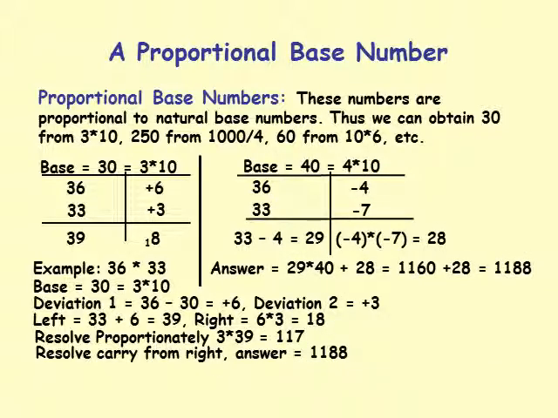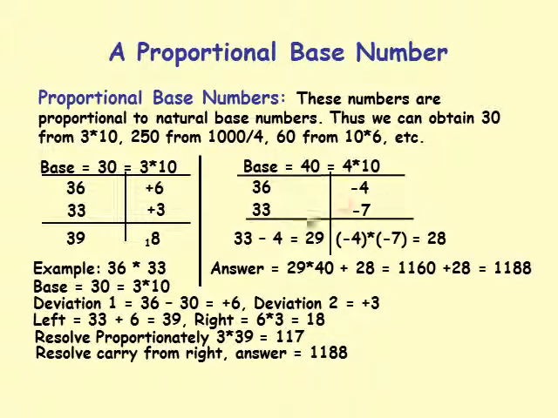We only need 1 digit on the right. So the answer, this time, we would use the formula: left times the base plus 28. 29 times 40, which is the base, is 1160, plus 28 is 1188, the same number we got before.